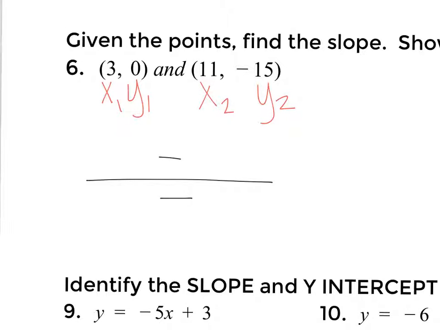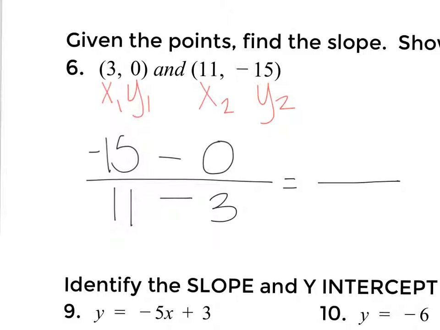y2 minus y1. y2 happens to be negative 15. y1 happens to be 0. And then in the denominator, it would be x2 minus x1, which is 3. Throw that into your calculator if you feel more comfortable.